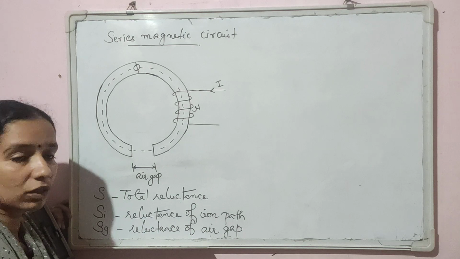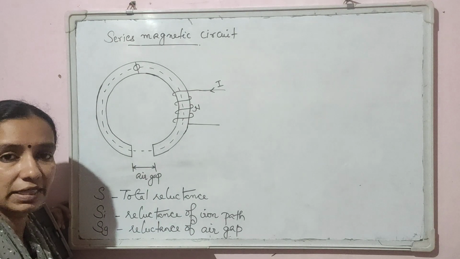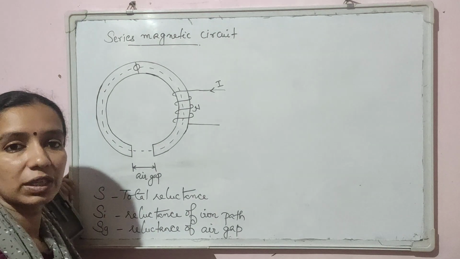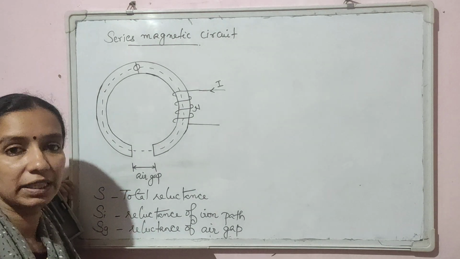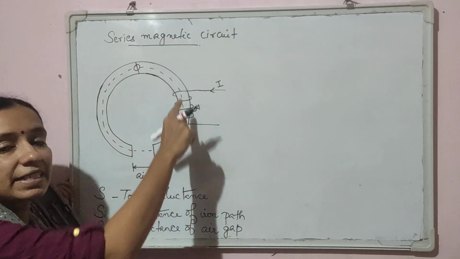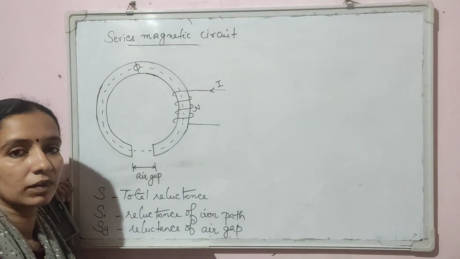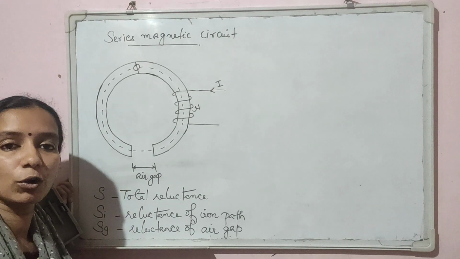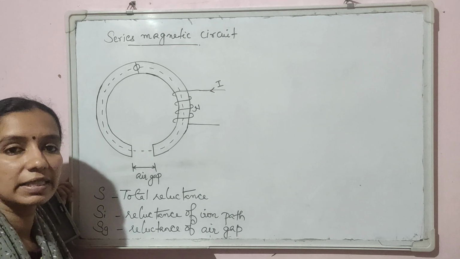And why are we calling this a series magnetic circuit? A magnetic circuit can be called a series magnetic circuit if the same flux links with the entire circuit. In a series electric circuit, the current flowing through the different components will be the same.